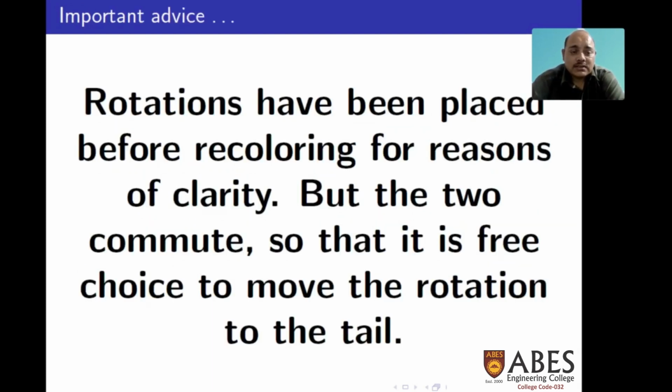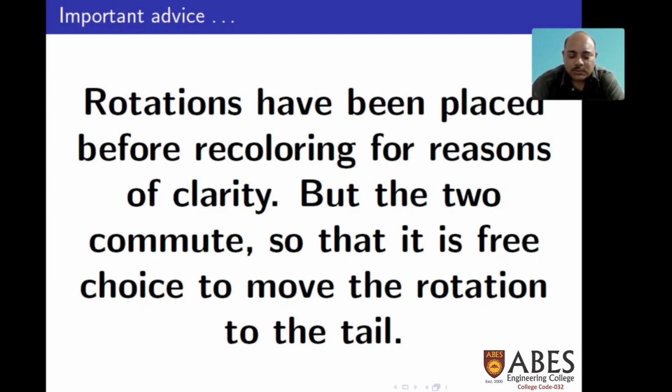Important advice. While maintaining the balance of a red-black tree, what we are doing is we are simply either rotating, that means restructuring, or we are recoloring, that means converting red color to black and black to red. So it is recoloring, and we are rotating the nodes, that means restructuring.